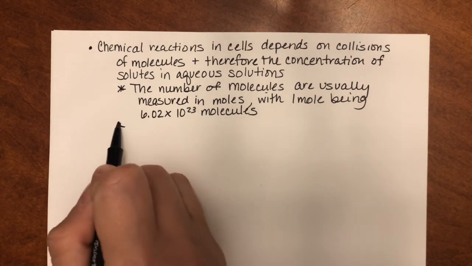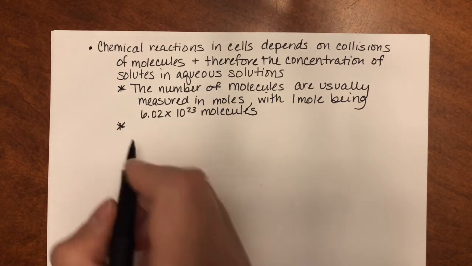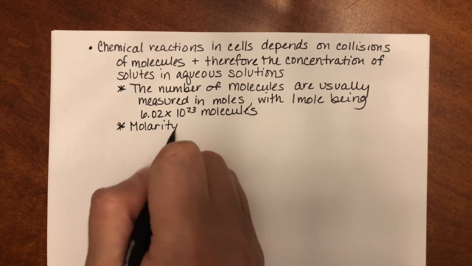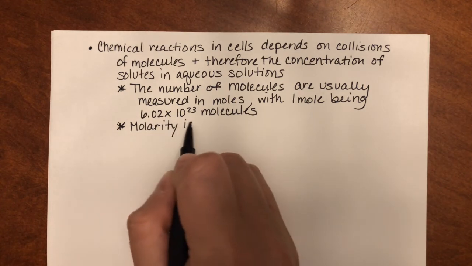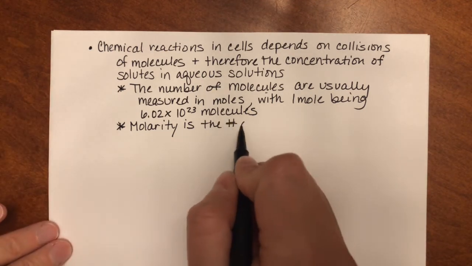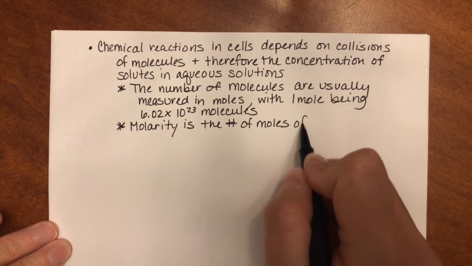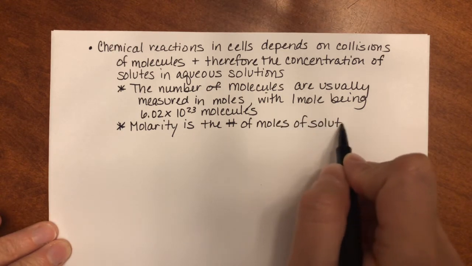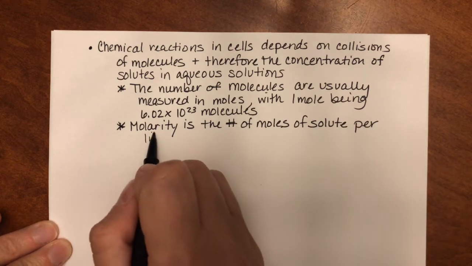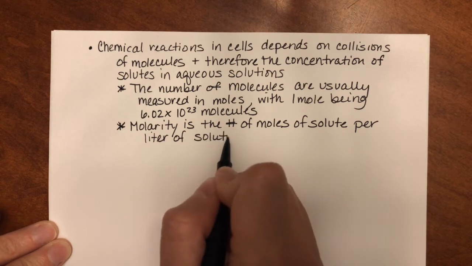When we talk about concentration of solutions, we usually talk about it in terms of molarity. Molarity is the number of moles of solute per liter of solution. Let me give you an example.